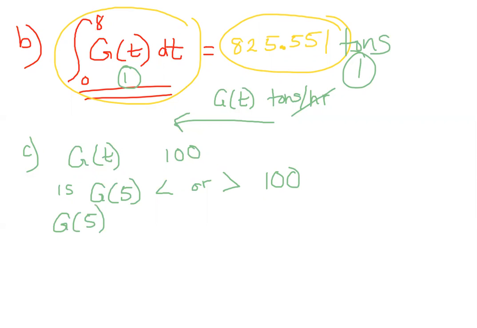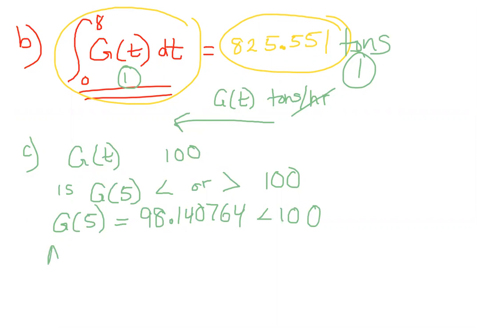Okay, again, you're just putting that into your calculator and you get 98.140764. You obviously don't need to round it that much. And we're going to say that is less than 100.